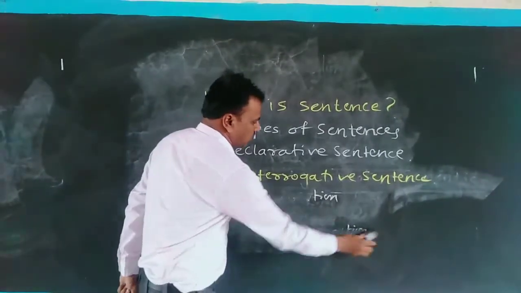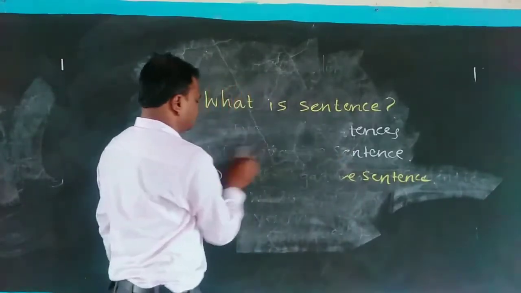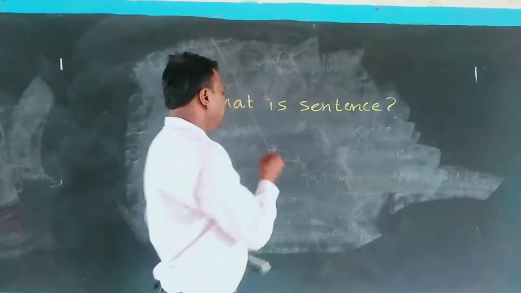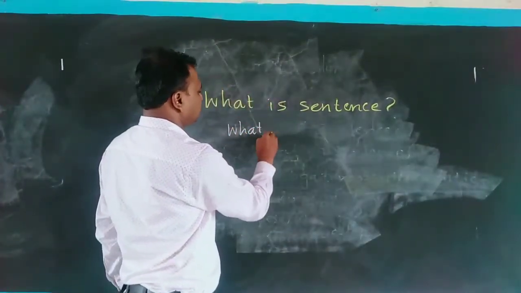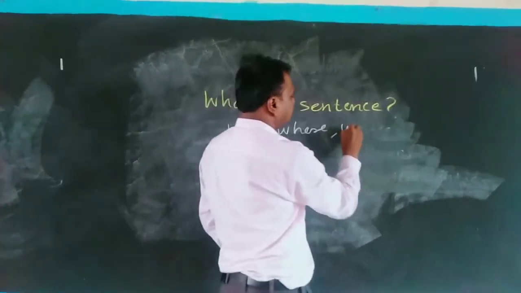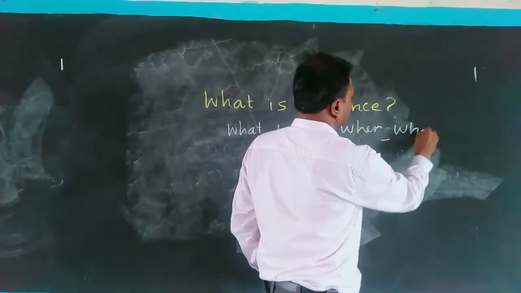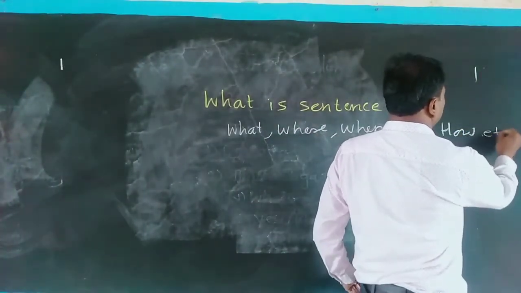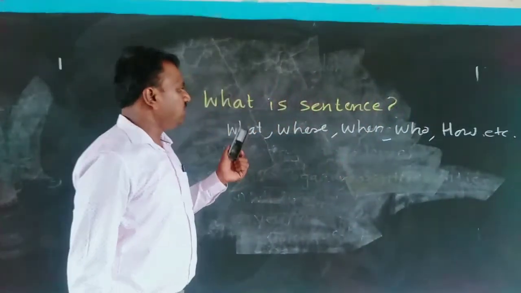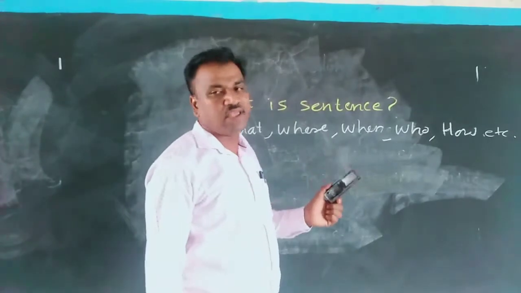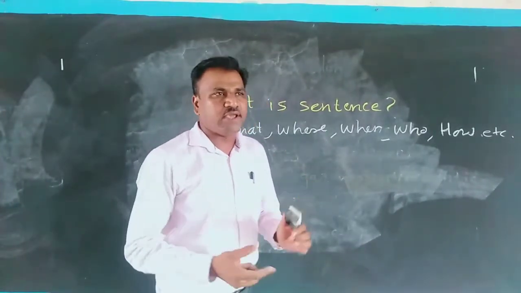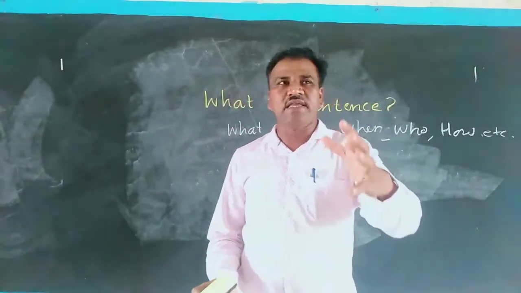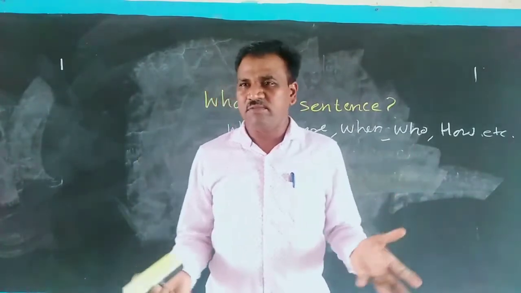What are WH questions? WH means the words which begin with WH, such as what, where, when, who, how, etc. This interrogative sentence ends with a question mark. In our day-to-day conversation, we use these WH questions. If somebody is going somewhere, we ask, where are you going?